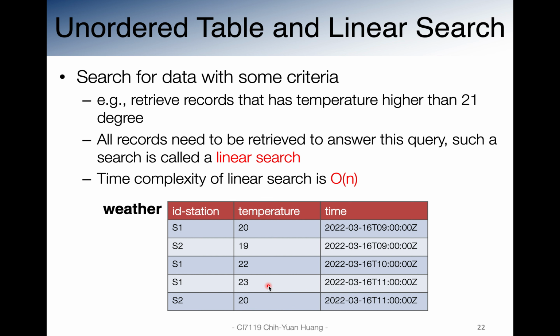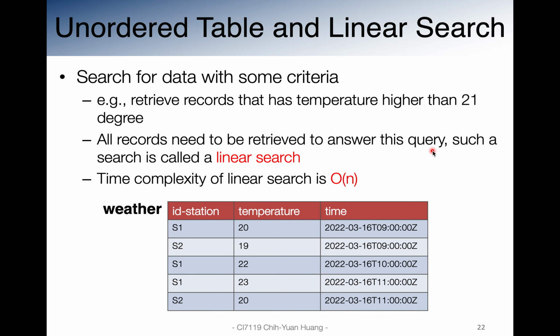But as you can see, this entire table is unordered. So in order to find the records, all the records need to be retrieved and compared to the search condition to answer this query.